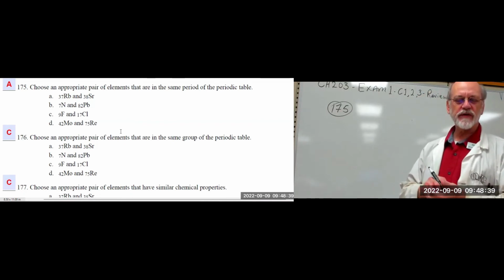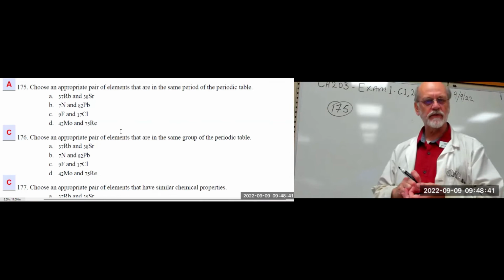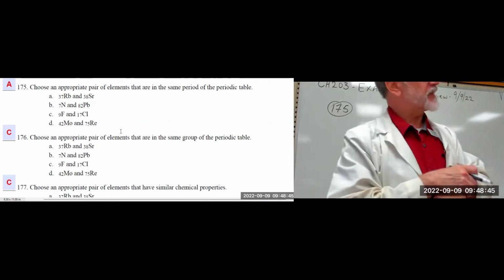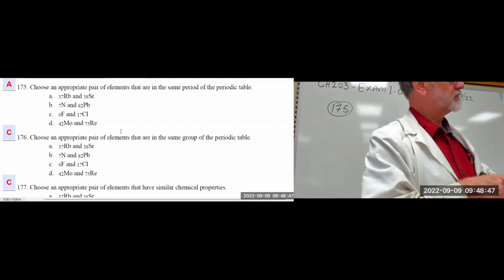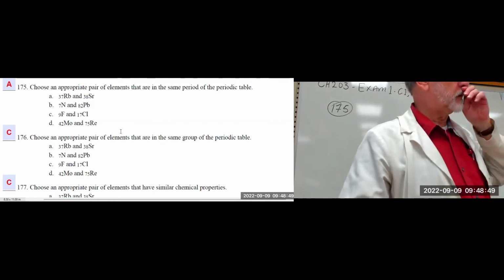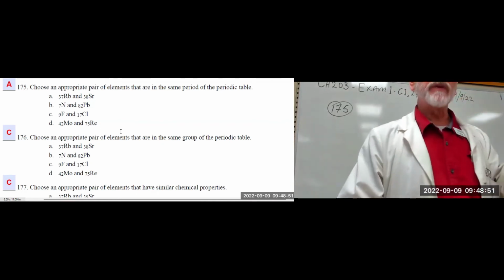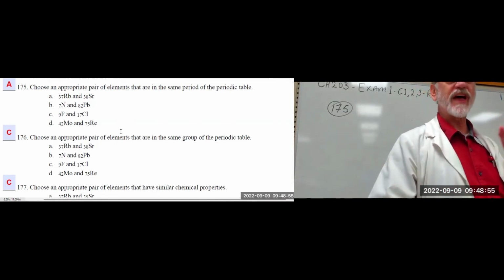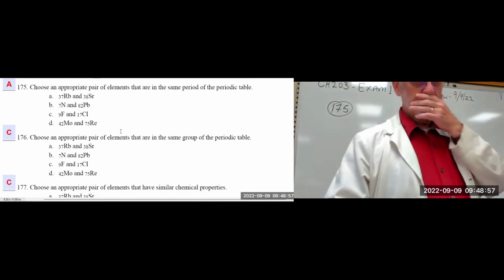Pair of elements that are in the same period of the periodic table. So if they're in the same period, first of all, they ought to be very close to the same atomic number. It won't be exact because they're different elements.